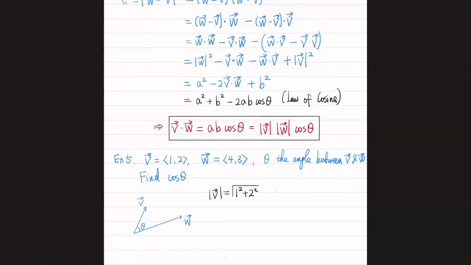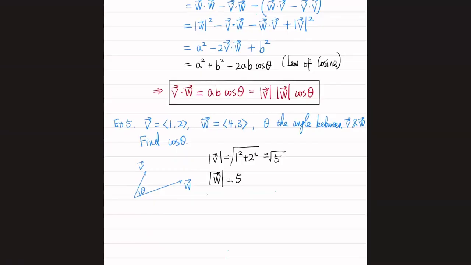So that's the square root of 5. Okay, Aaron, what's the norm of w? That's 5. And what's then the dot product? That's 10, yes, 10.